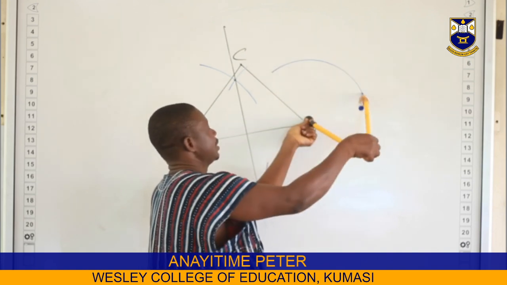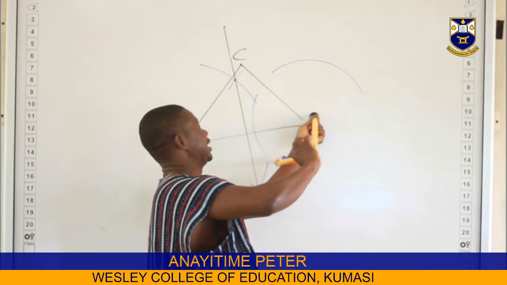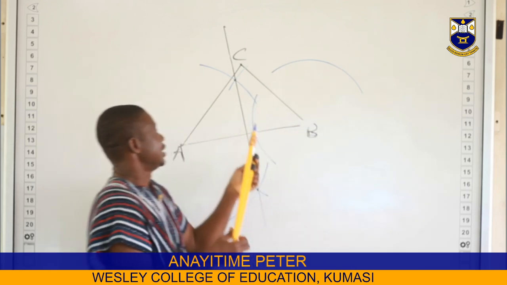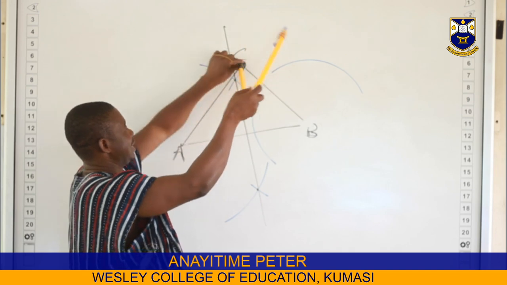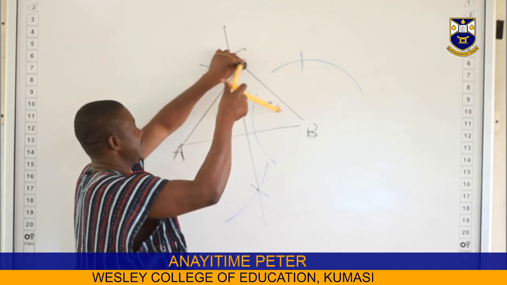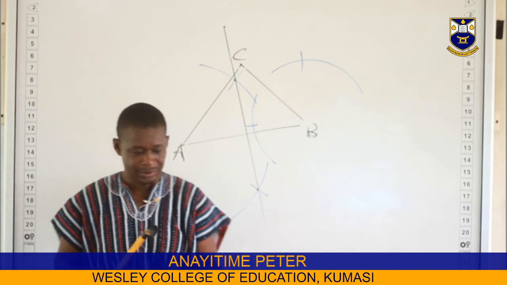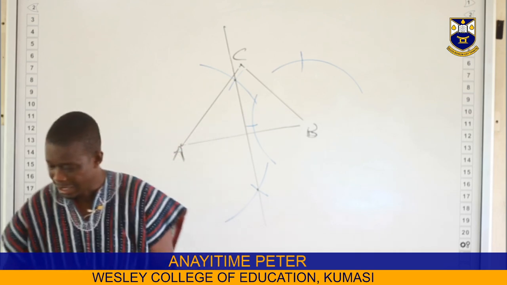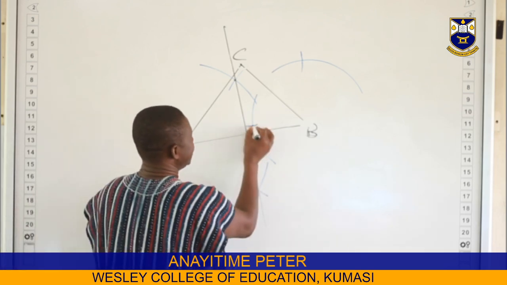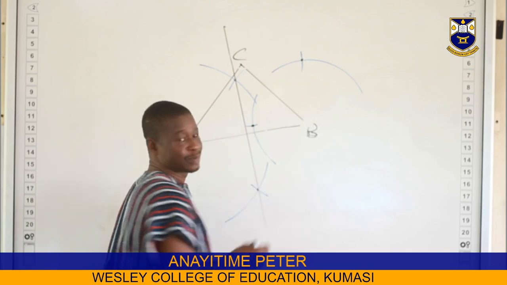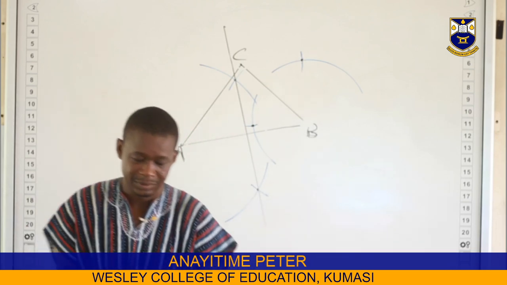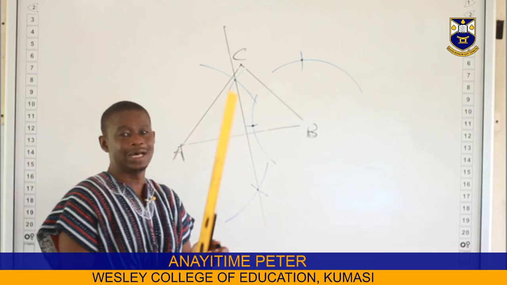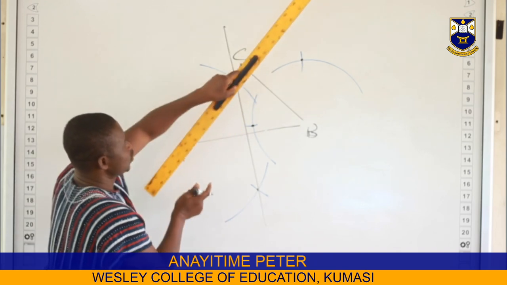Describe arcs as I did for the first one. Then with the compass at the other side, describe arcs to cut the first two. So I also have the arcs meeting at this point. I'm going to use my ruler to join those points.